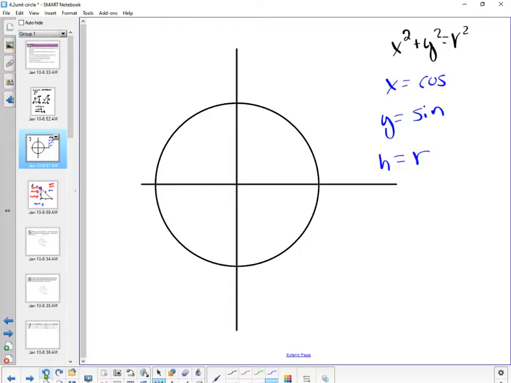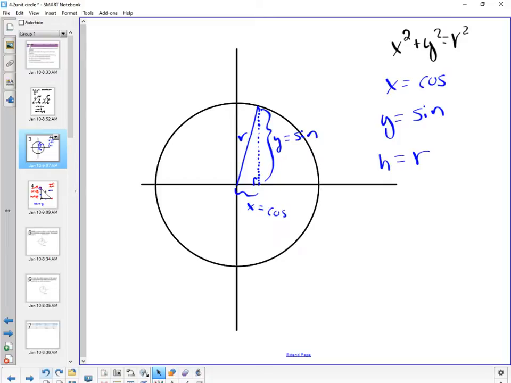So here's what I mean. Let's say I put some angle here. This is the radius of the circle, isn't it? And if I created a line that came straight down to x, I would be creating a right triangle where this is x, aka the cosine. This would be y, aka the sine.